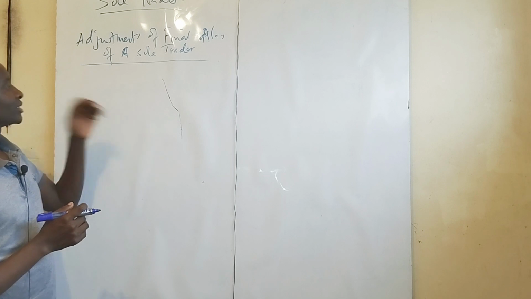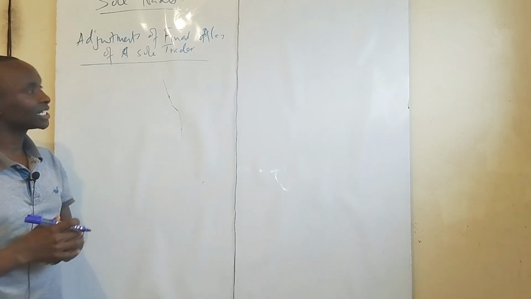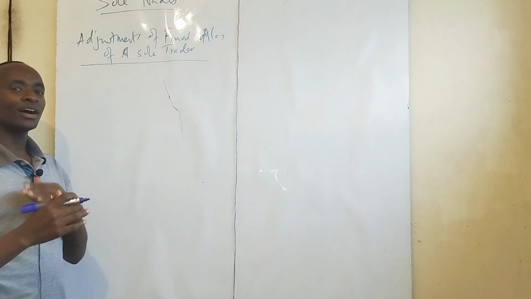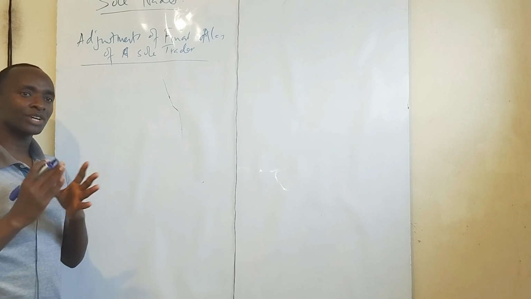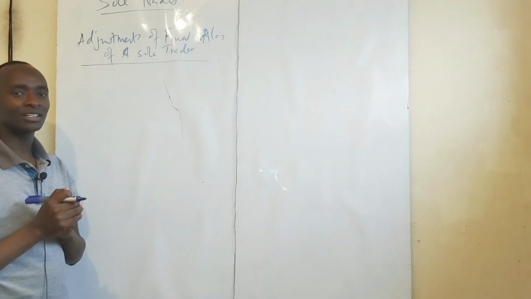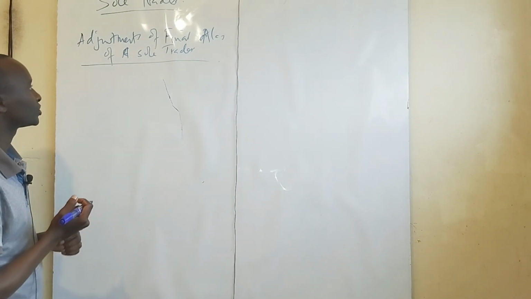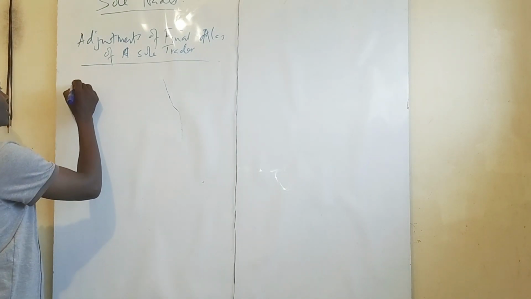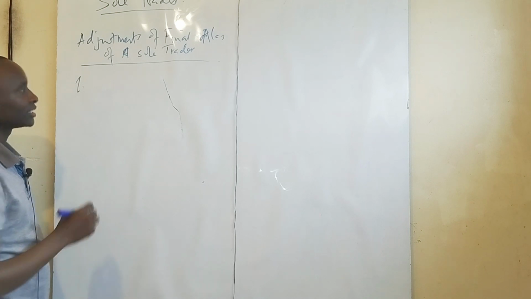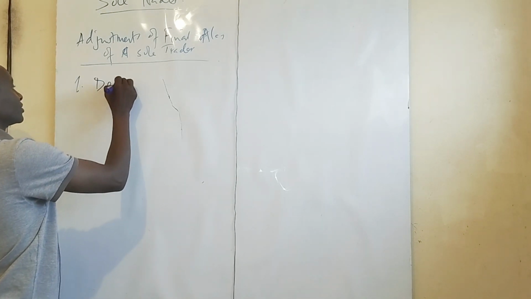So ladies and gentlemen, without much ado, let's move straight to the adjustments of final accounts. So we have a number of adjustments that must be done to show the fair view of the organization, that is to portray the true and fair view. So one of the adjustments that we must check is depreciation.